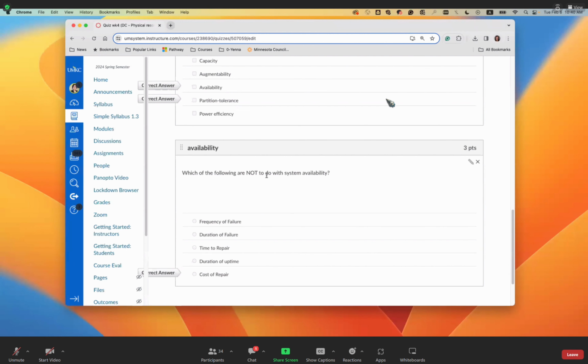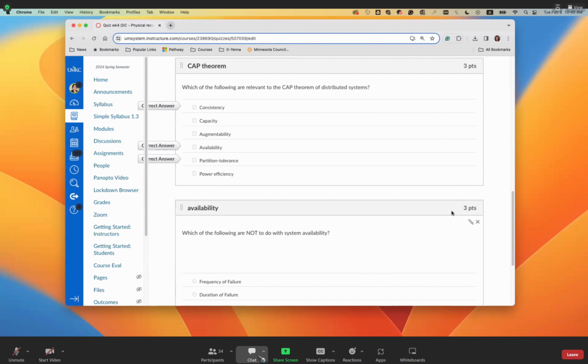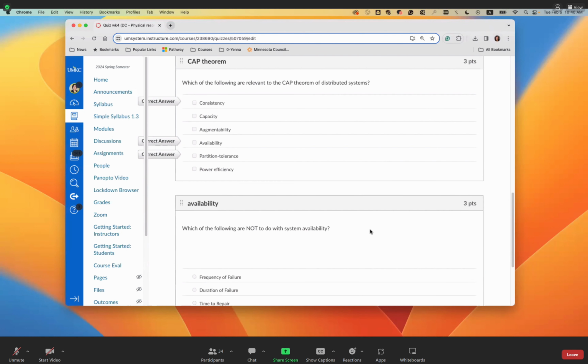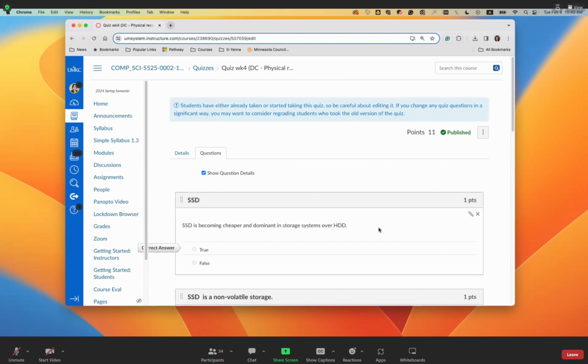Which of the following is not to do with the system availability: how frequently it fails, how long it fails, how long it takes to repair, duration of uptime, the cost of repair? It's not exactly. Yeah. I could also add a question about the availability techniques, right? Maybe I'll do that in the next class.